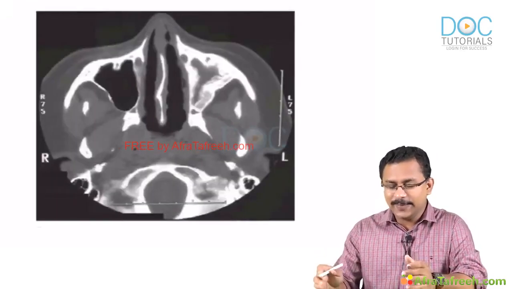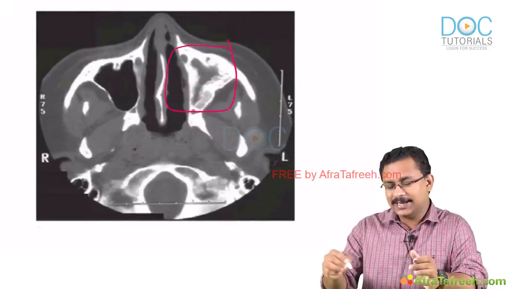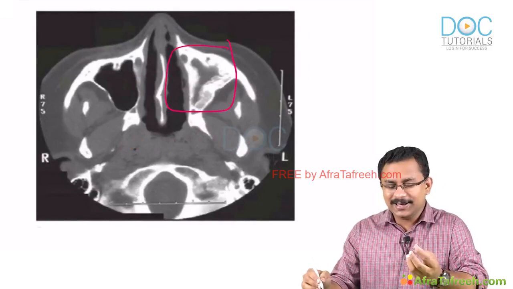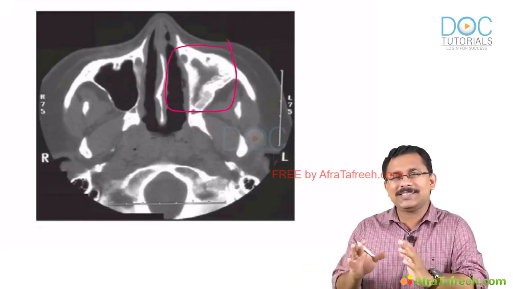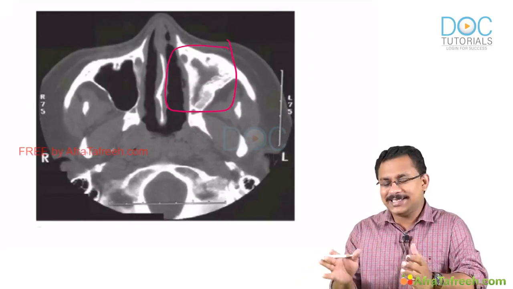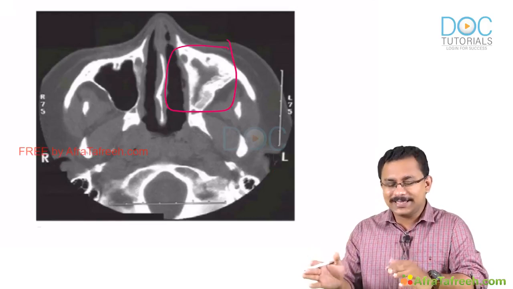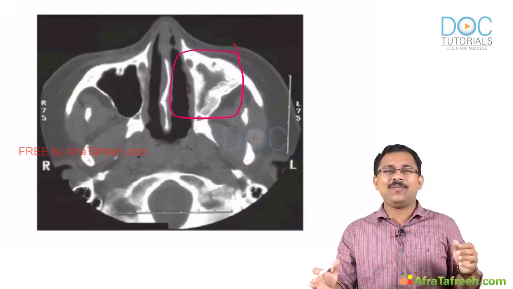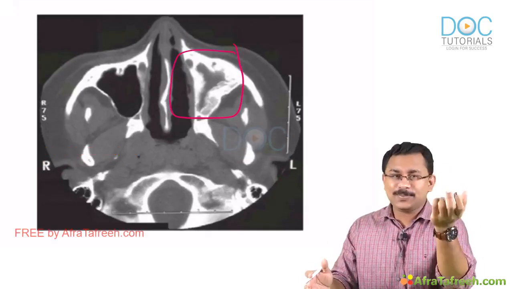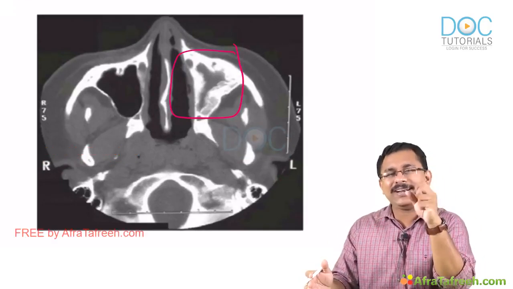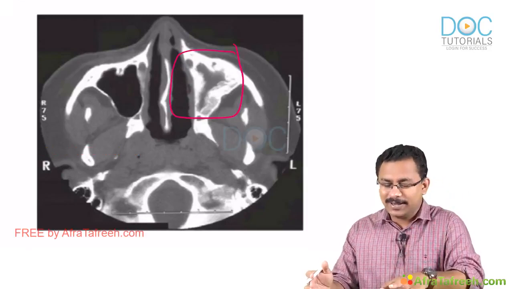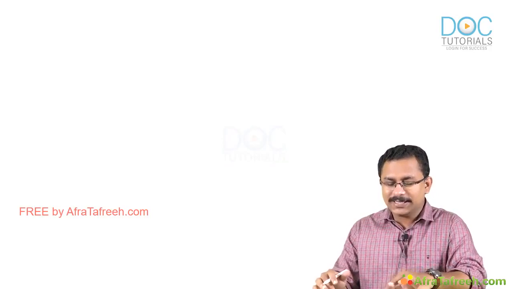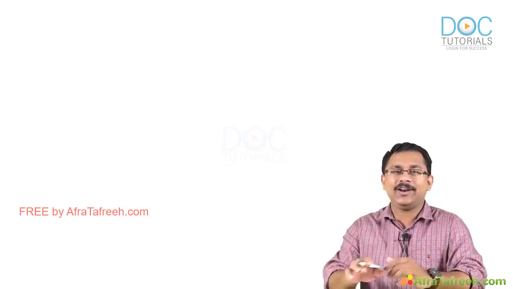And in another CT image, you can see that the sinus on the left side is very sclerotic and very small in size, which means there has been significant destruction of the region of the maxillary sinus. So you can anticipate the extent of involvement it causes in the upper respiratory tract. I already told you the brunt of the attack initially might go to the upper respiratory tract. So these are the important features of granulomatosis with polyangiitis.